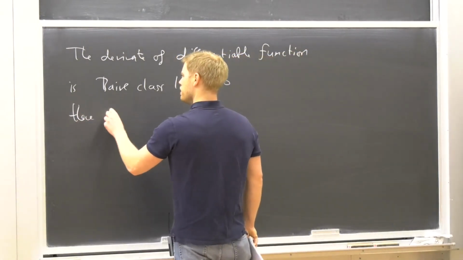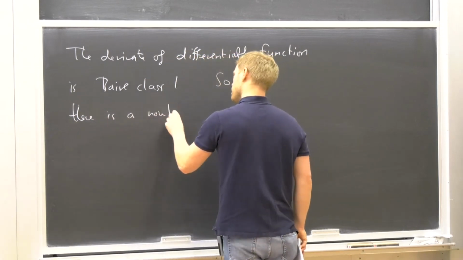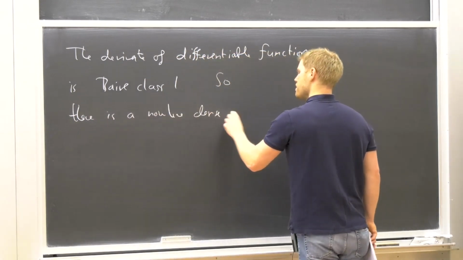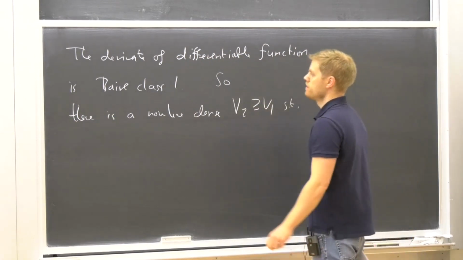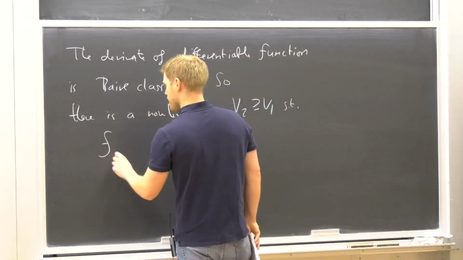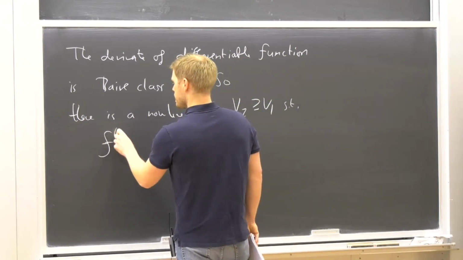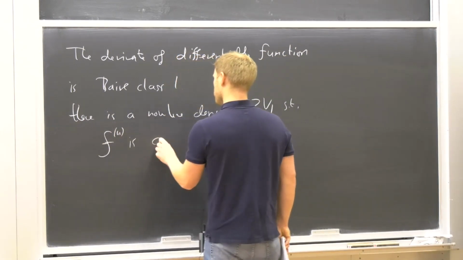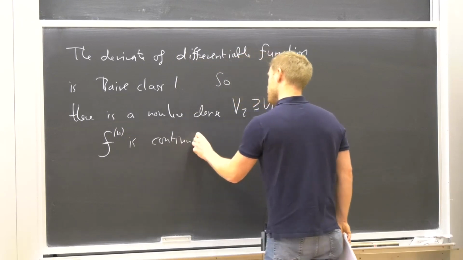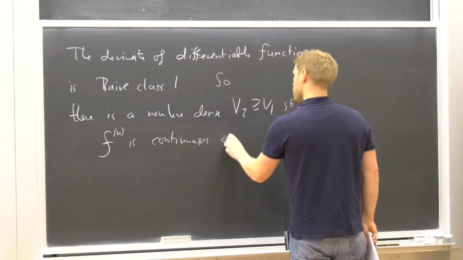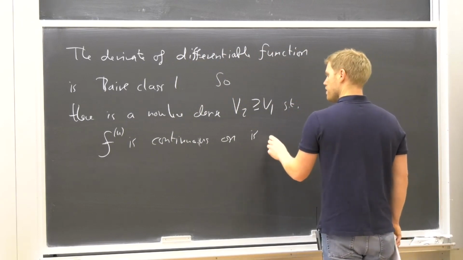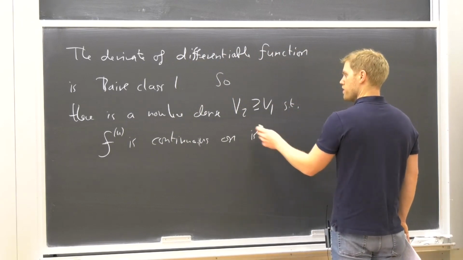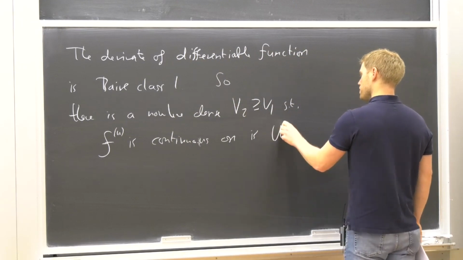So there is a nowhere dense set V2 extending V1 such that Fn is continuous on the complement, so U set minus V2.